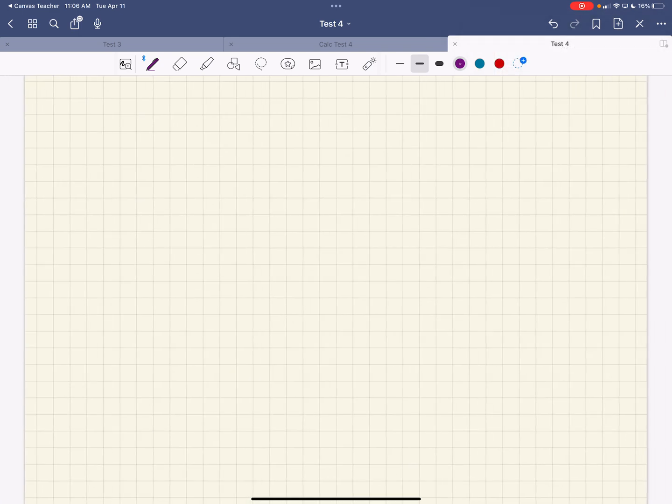If I had 10b minus 5 over 15, the only way to solve this correctly is to factor out a 5. That's the only way to solve this correctly. You've got to factor this first.